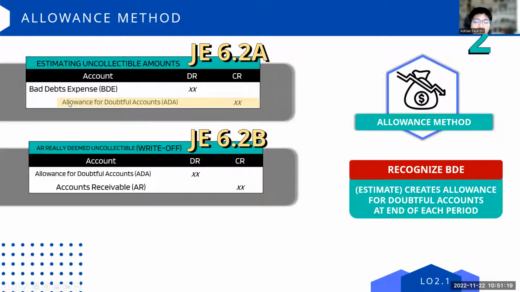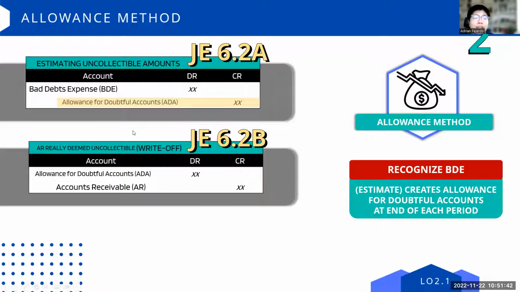Now, this is another new account, your ADA account. But in essence, you can think of it as your allowance for BDE or allowance for doubtful accounts, meaning lahat ng BDE papasok yan sa ADA. Right? So, rather than AR, we credit ADA during allowance method.